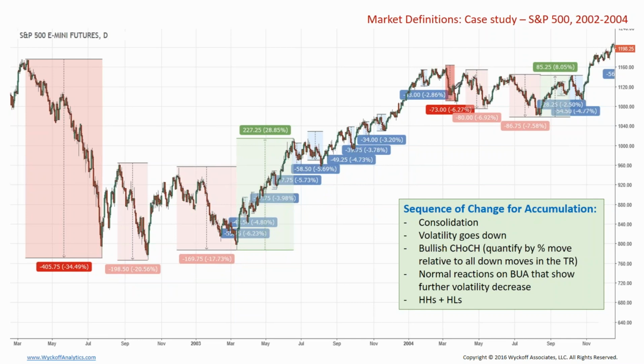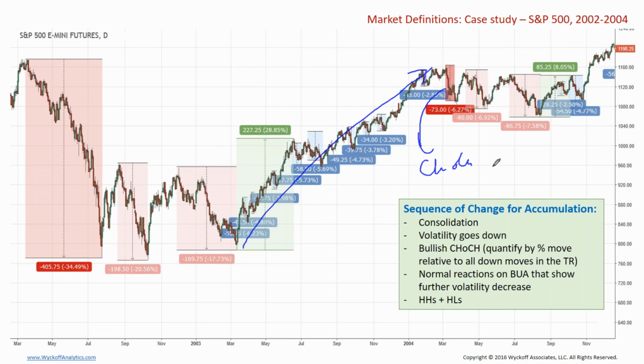I'm not extremely precise on this reaction, so you can see that I took this high and I went up to here. It should be up to here, so maybe like 6.5, 6.7. With the exception of this reaction right here, everything else is below that number. So in a way, quantifiably, it shows us that this is a change of character, and that this move to the upside, at least for now, is done.